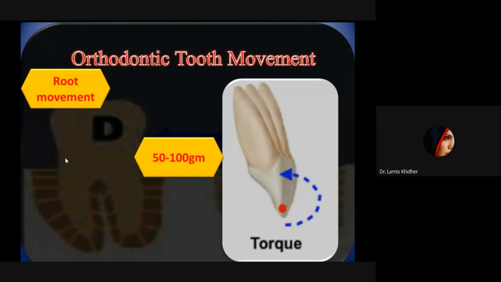Generally, we have two types of root movement according to the direction of movement of the root. If the root moves in mesial or distal direction, it is called uprighting root movement. If the root moves in labial or palatal direction, it is called a torque movement.